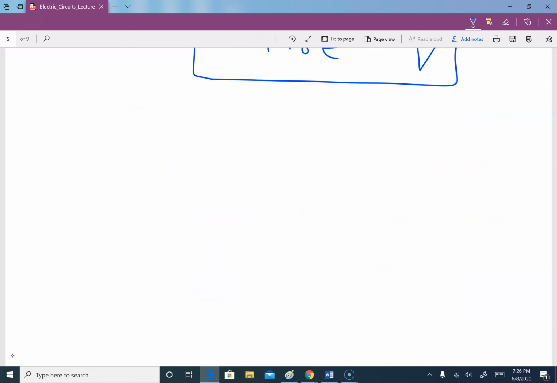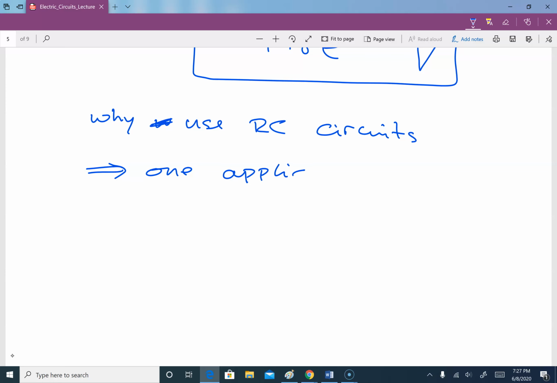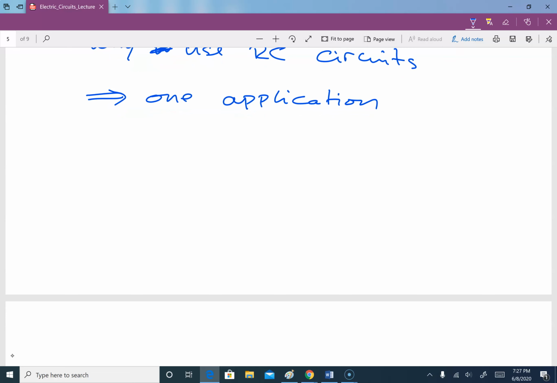Maybe you wonder why we use RC circuits. The reason for that, this is one application, which is, let's say, the wiper blades.